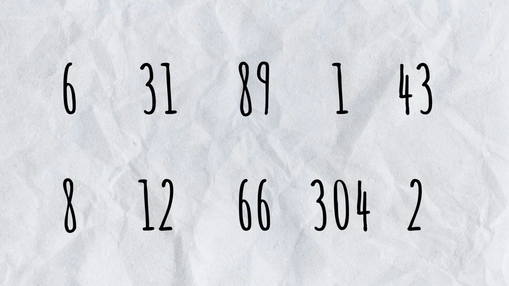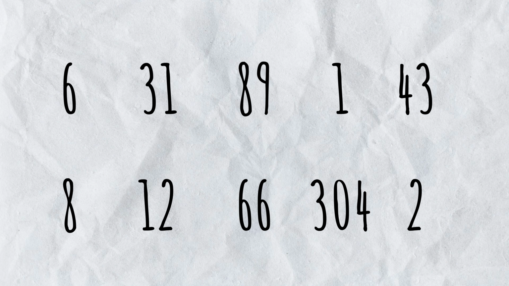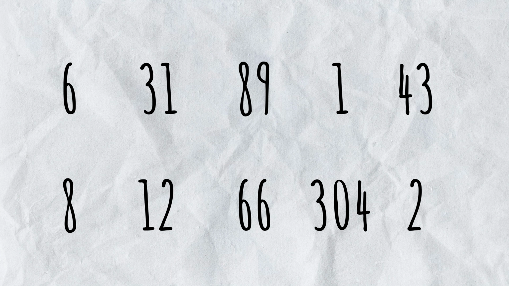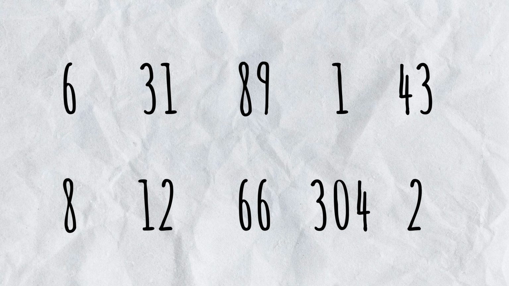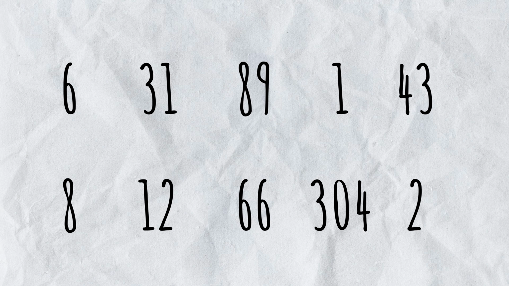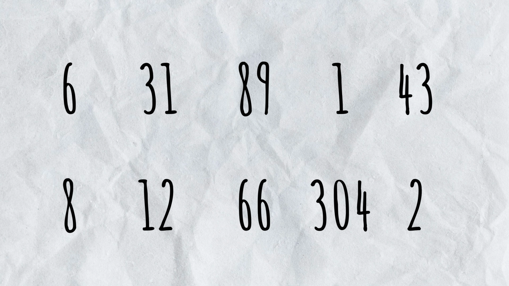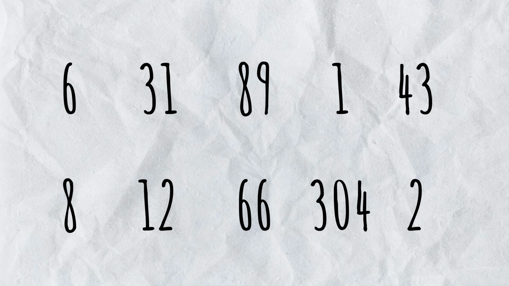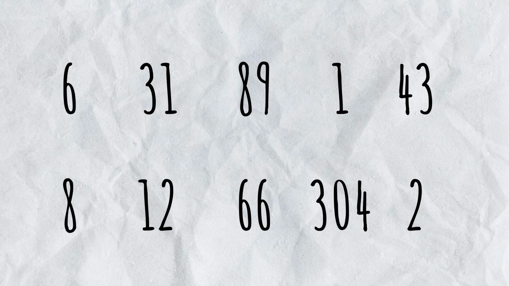So I want you to write them down on a piece of paper, and I want you to underline the odd numbers and circle the even numbers. And then once you've done that, Mr. Ryan Jr. is going to reveal all of the answers.